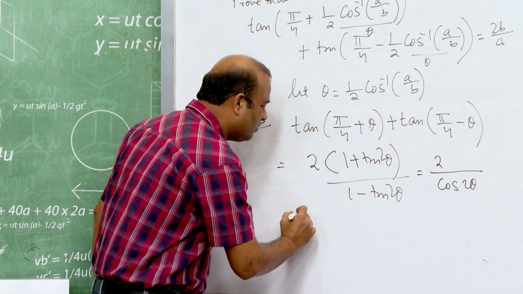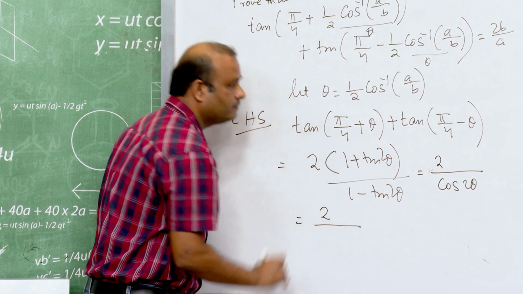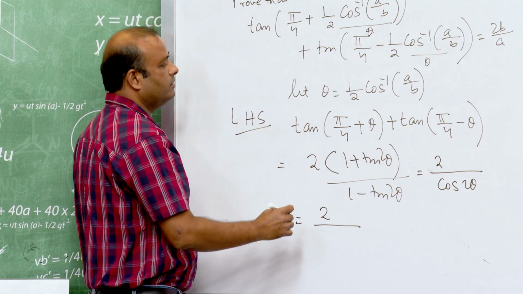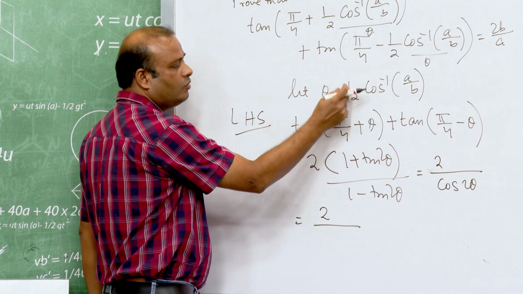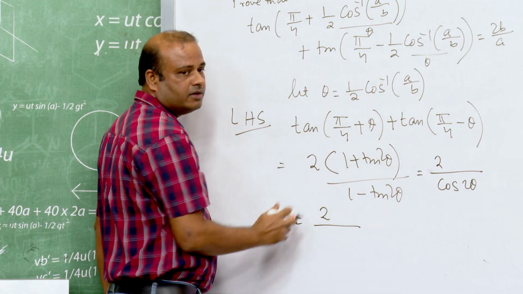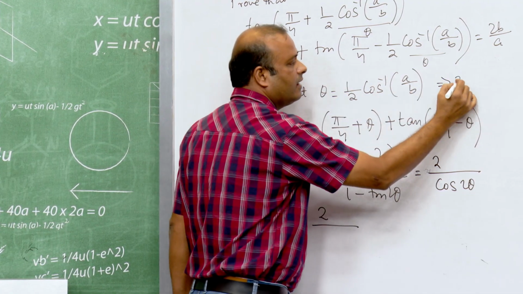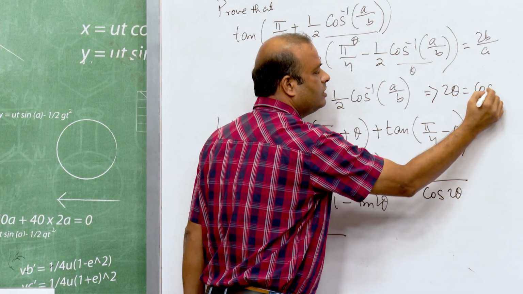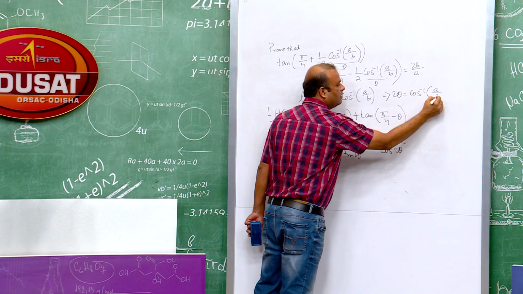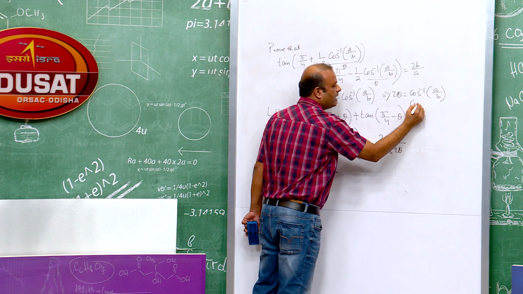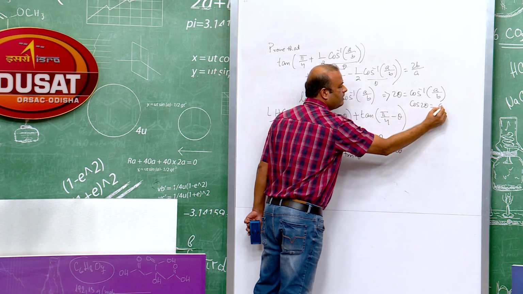So this is equal to 2 by cos 2 theta. Since theta is equal to 1/2 cos inverse a/b, we can write 2 theta is equal to cos inverse a/b, so cos 2 theta is a by b.